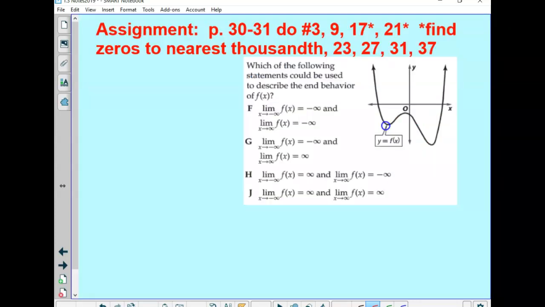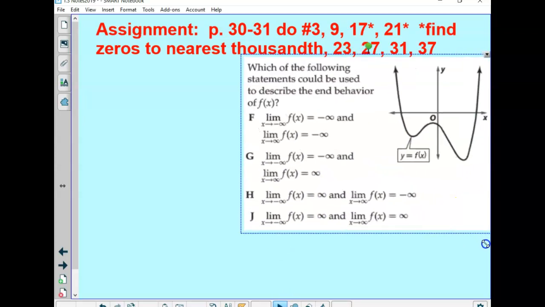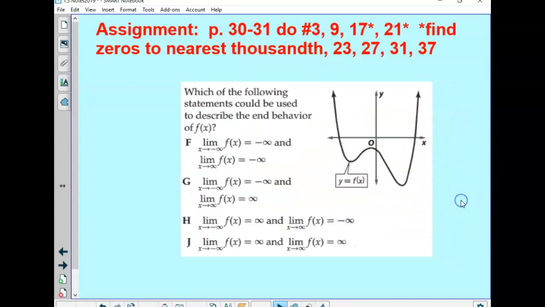All right. So I want you to look up here and see if you can pick which one of these would be the right answer. SAT kind of question. Probably actually not, because they don't use limits on the SAT. But this one's using limit notation, which we didn't really talk about.